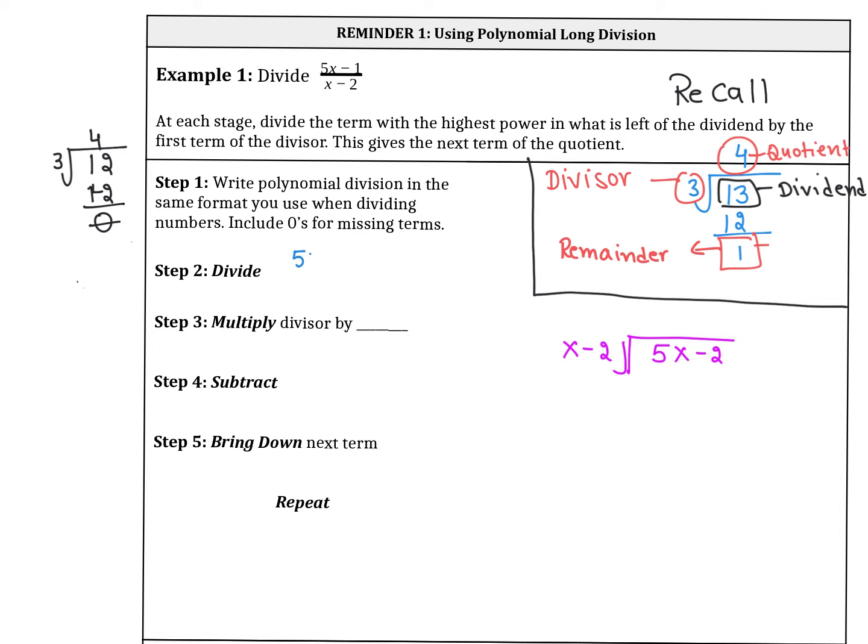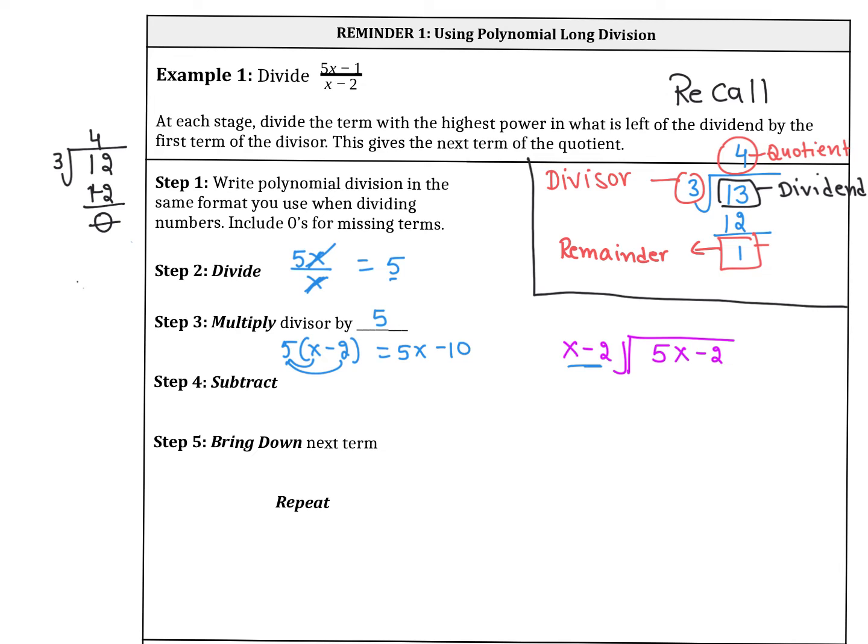So 5x divided by x, and you're left with 5. Multiply the divisor by whatever you got here, multiply it by 5. The divisor, remember, is x minus 2.